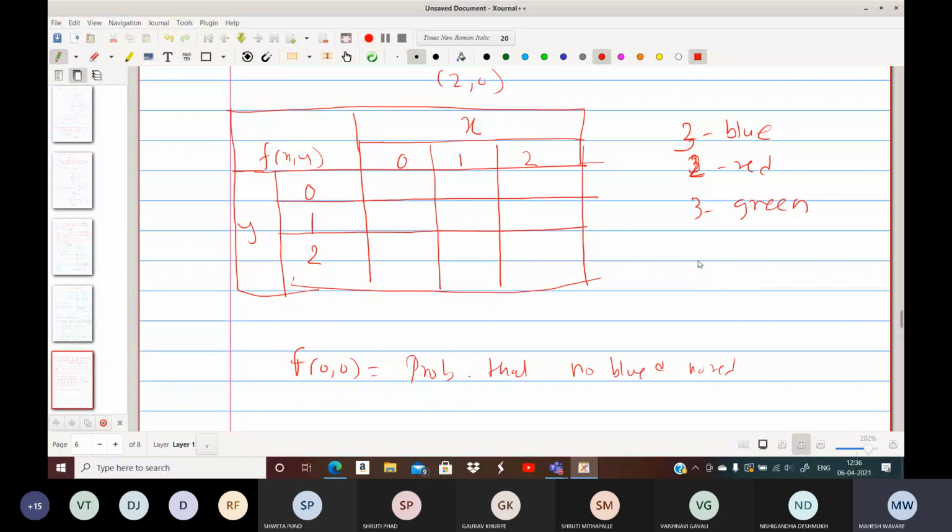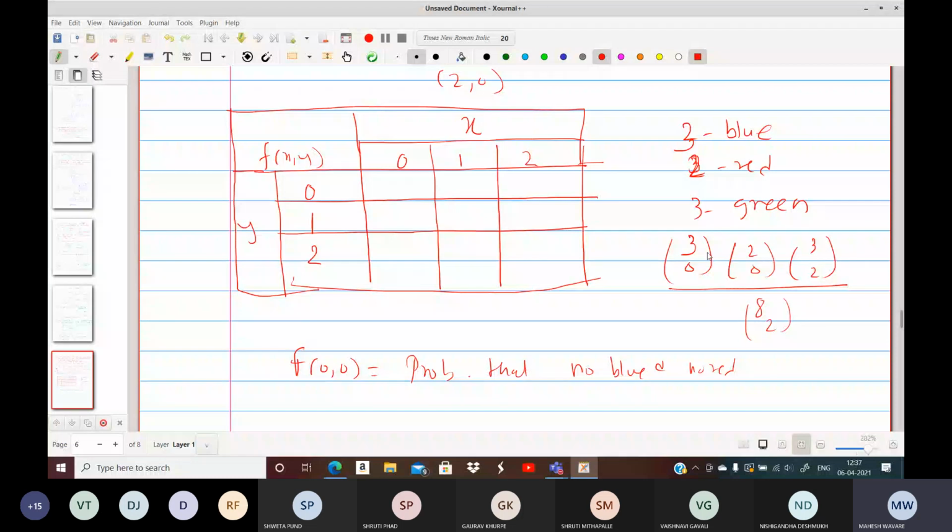And you are already selecting 2 refills from 8. So how this function is constructed, look at this example. The first f of 0, 0 stands for finding the probability of selecting 0 blue and 0 red. But the experiment is selecting 2 refills, and 2 refills are already selected. So from where will those refills be selected?